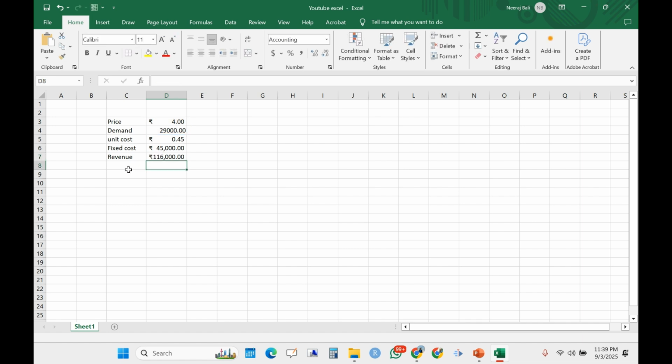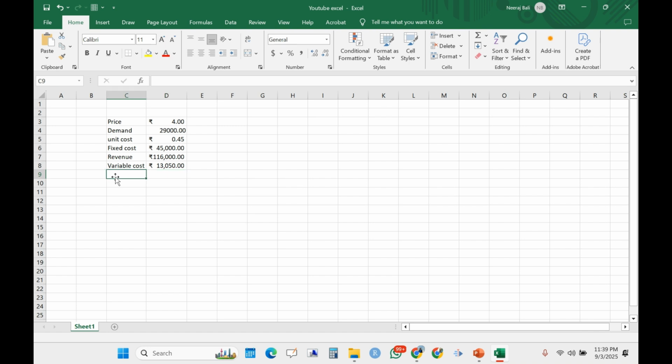So 1,16,000 is our revenue. What about variable cost, which changes with production? Obviously we have to multiply the demand, the production, into the unit cost. So 13,050 is the variable cost.